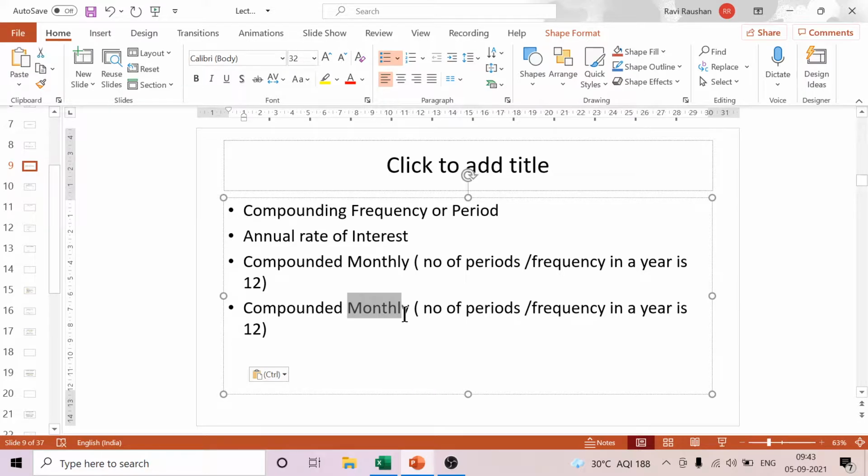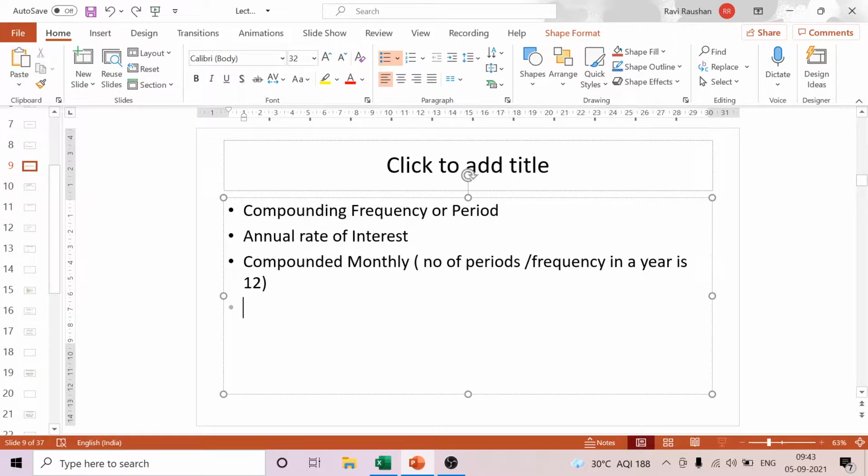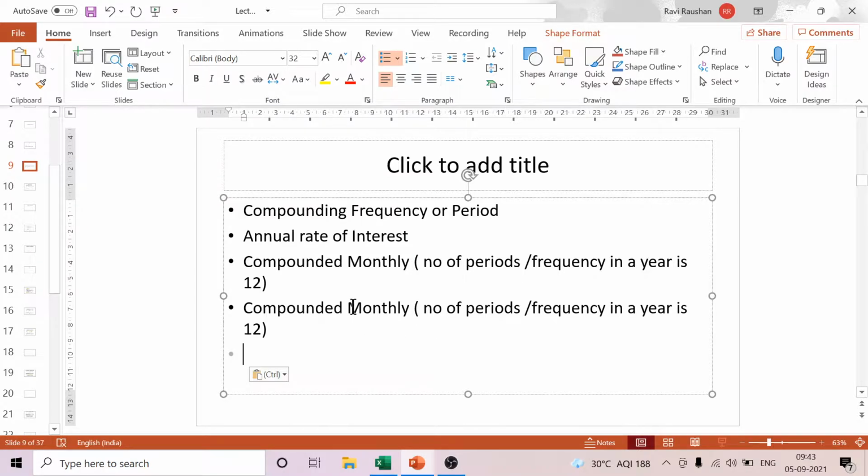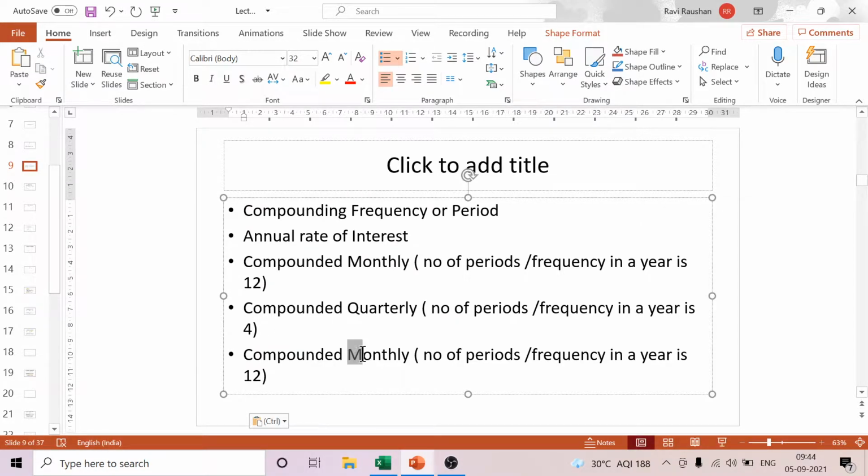It can be compounded quarterly. So if it is compounded quarterly, the number of periods in a year is 4. Same, it is compounded semi-annually. All right. If it is compounded semi-annually, then the compounding period becomes 2.